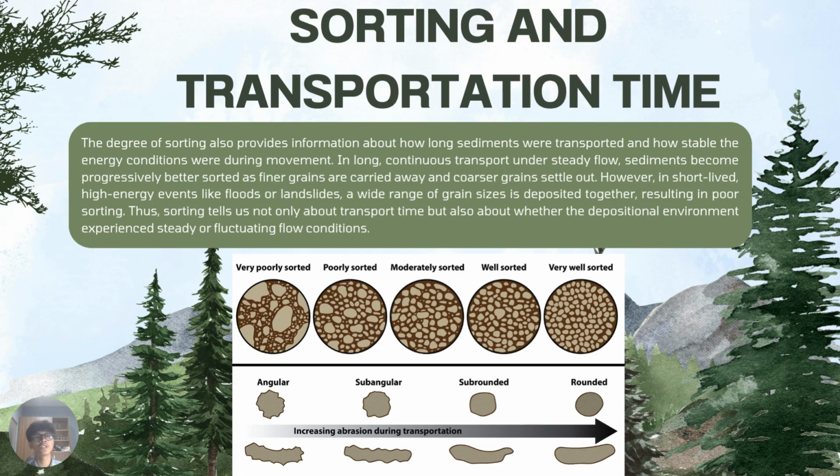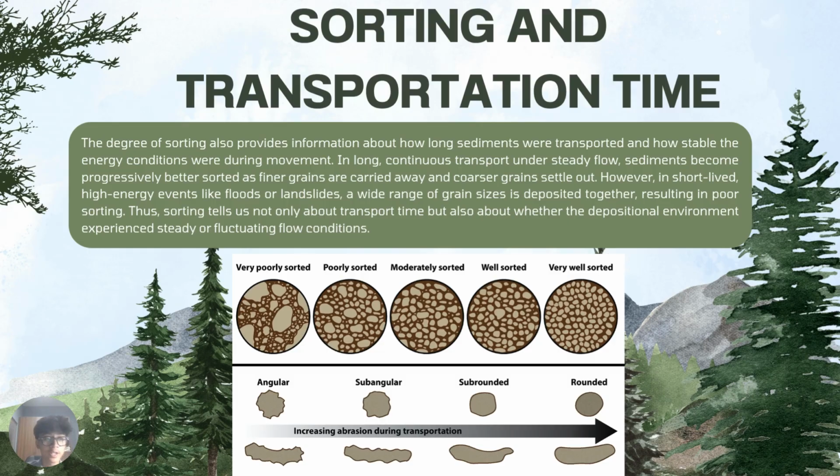Now we move to sorting and transportation time. The degree of sorting also provides information about how long the sediment was transported and how stable the energy conditions were during movement. In long, continuous transport under steady flow, sediment becomes progressively better sorted as finer grains are carried away and coarser grains get settled out.